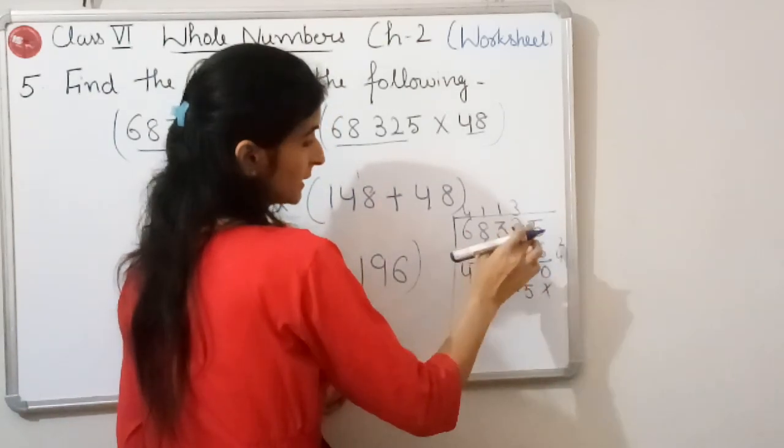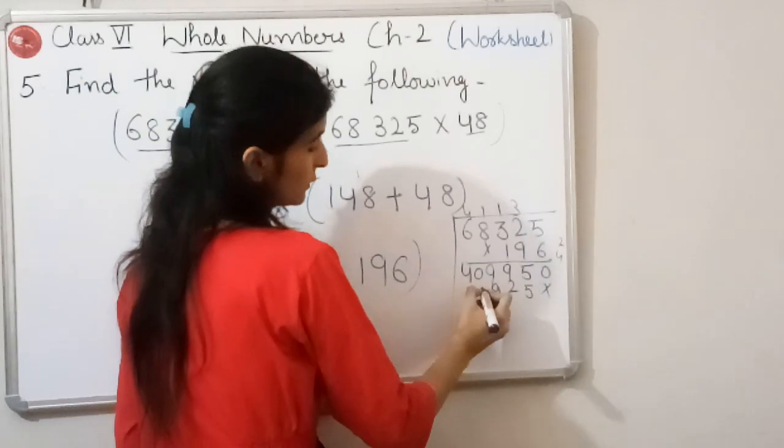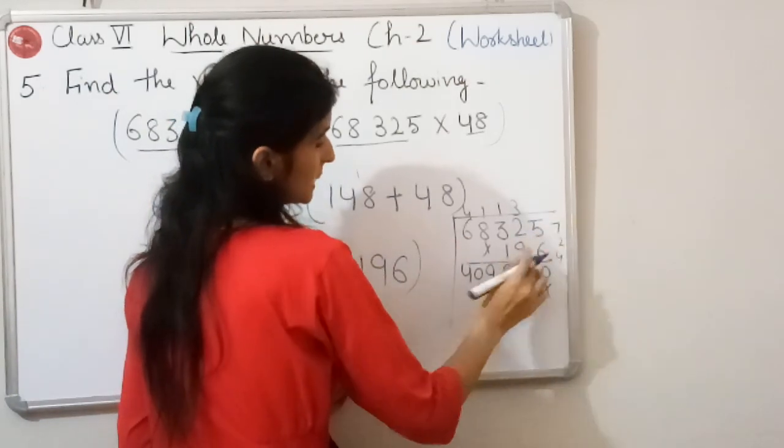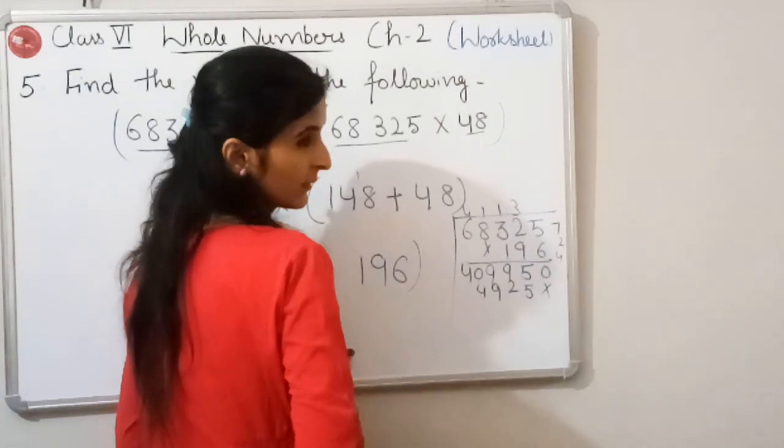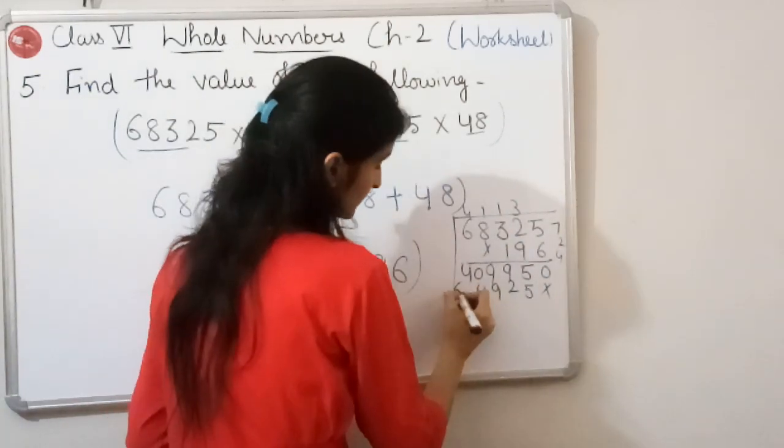Okay, 9 8s are 72. 72 and 2 is 74. 9 6s are 54. 54 and 7 is 61.